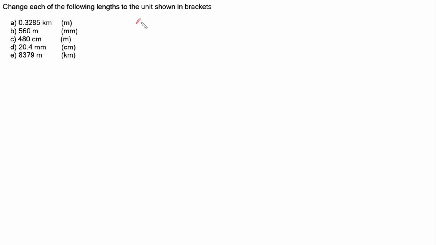Let's do part A. Now part A, we're going from 0.3285 kilometers, and I want to put that in a more appropriate unit because having this decimal doesn't make any sense. So we're going to convert it into meters. Now to go from kilometers to meters, I want to multiply by 1,000.